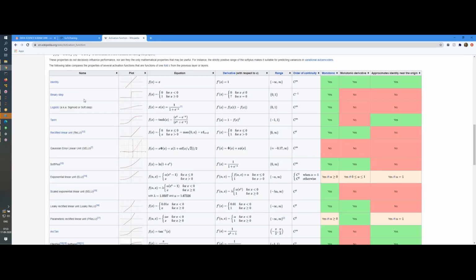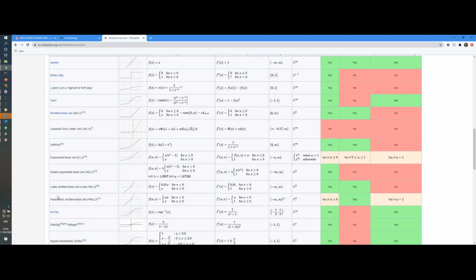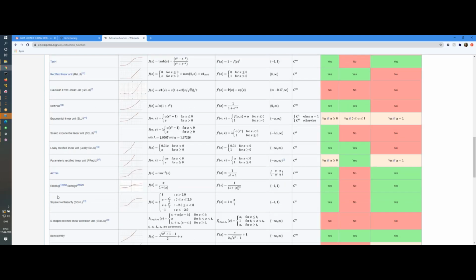See this: we have identity, binary. You can go through this. Today I just gave you a high-level view, but you can see how many different ones there are. We have rectifier, linear unit, Relu, which we discussed. This is the function. We have Gaussian error, softplus, exponential linear unit. Everything is a math function. The final output needs to pass through this, but we are not using all of these.